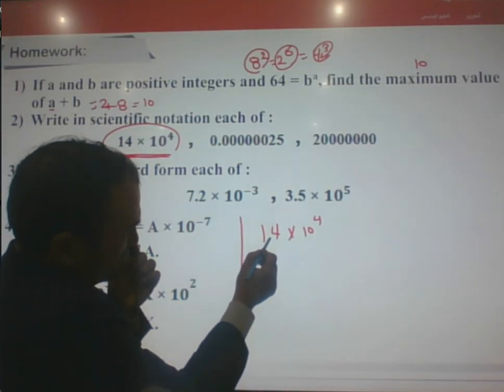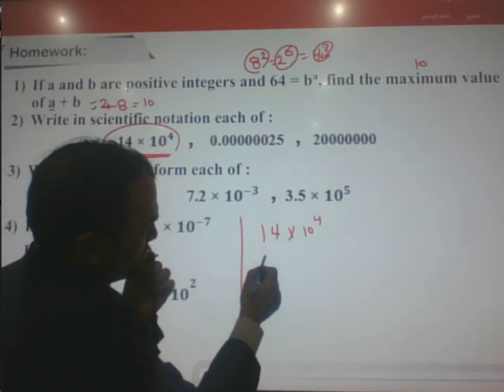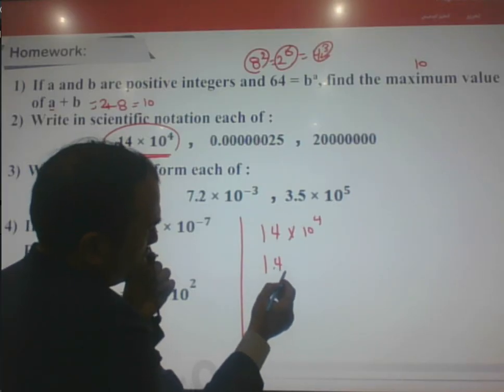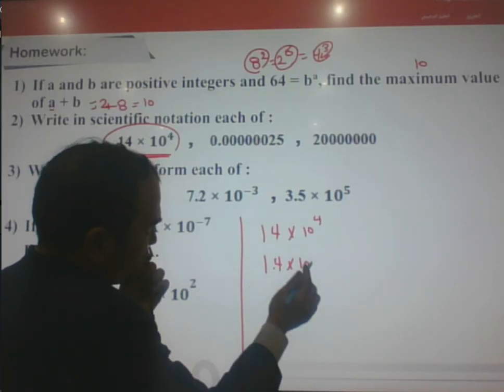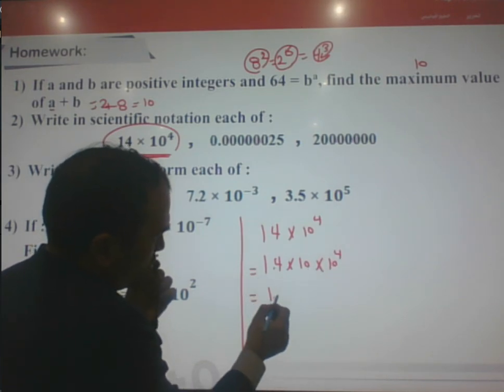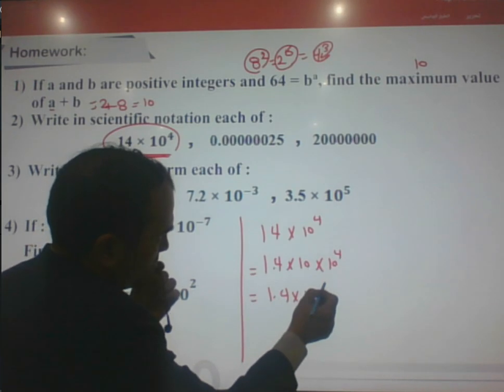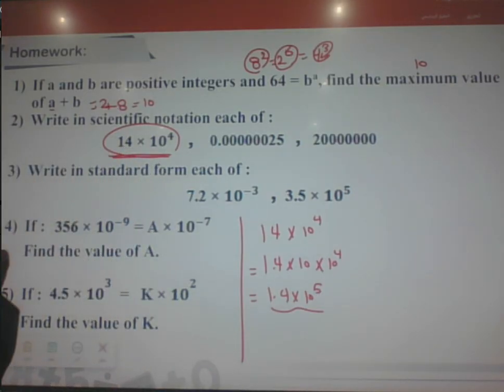Look at with me, this number, we must put 1.4. Then what will we do here, right? 14, I'm going to here, and then product by 10. Product by 10 is equivalent to this number, product by 10 power 4. Then you can write 1.4 product by 10 power 5. Then we can convert this example to scientific notation.